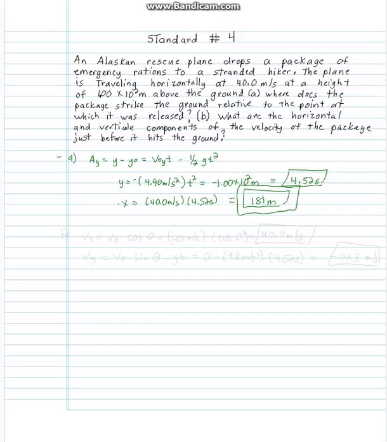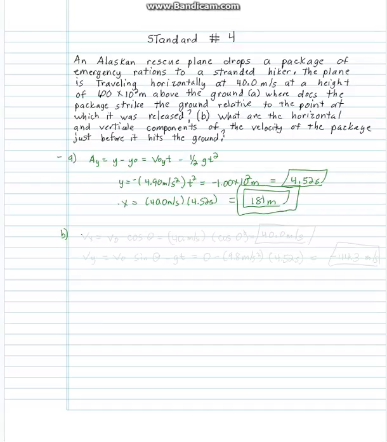Now for part B, it says what are the horizontal and vertical components of the velocity of the package just before it hits the ground. So in this case, we're going to find the components of the package's velocity at impact. So we're going to find the x component of the velocity at the time.